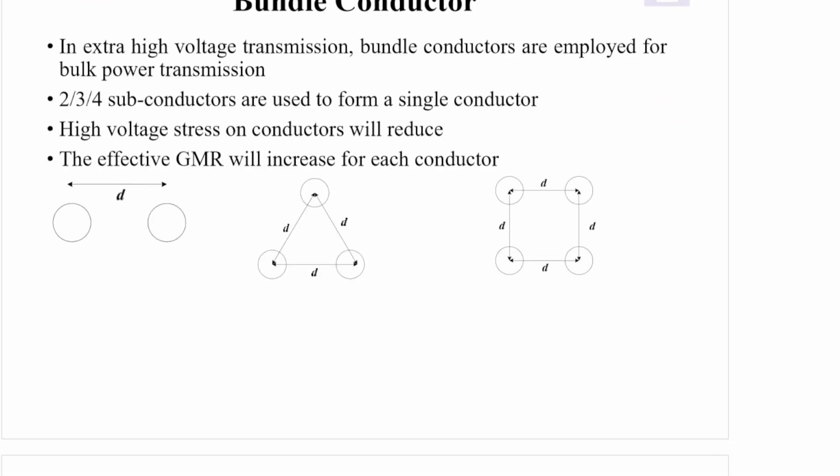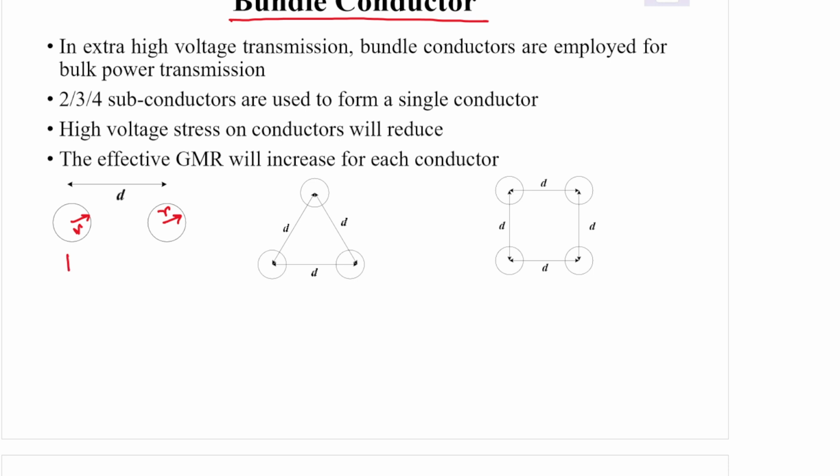Lastly, we have a very important term called bundle conductor. What is a bundle conductor? Suppose we have a standard conductor like this with radius r. We have another similar standard conductor of radius r. Now this will make one phase.